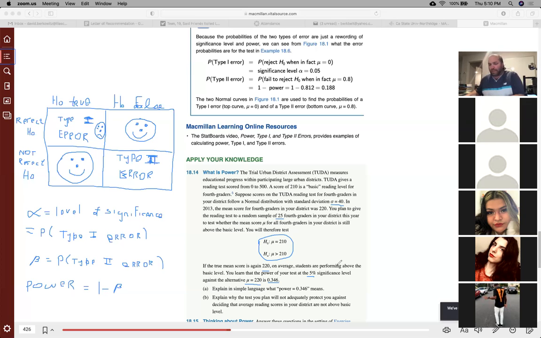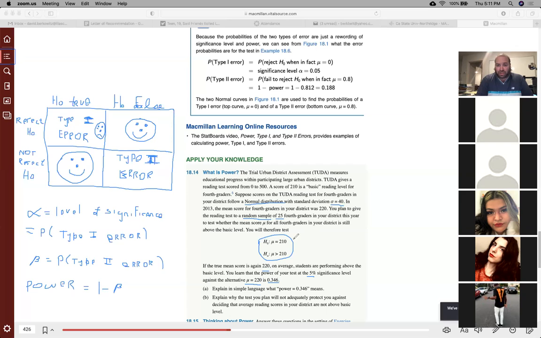So I underlined what I felt were the important things. Actually, there's more. It's also normal. So they gave me that it's normal, which is a very important thing to have. They gave me sigma. They say that in 2013, the mean score was 220. And I plan to give a test to a random sample, SRS, of 25 fourth graders to test whether the mean score for all fourth graders is still above the basic level. See, they were 220. My students are amazing.